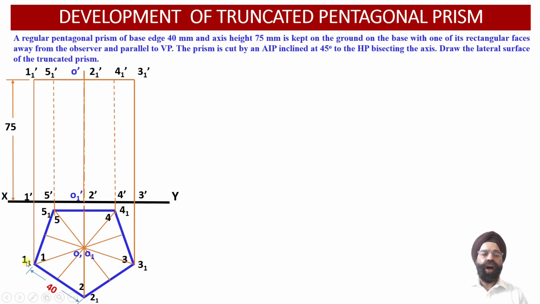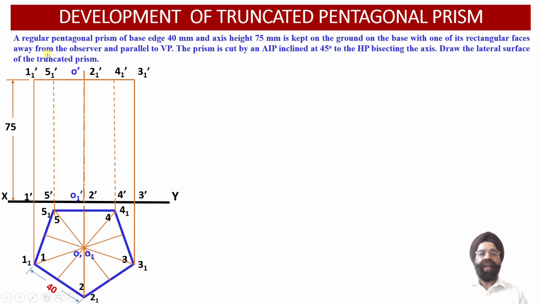Once we draw perpendicular projectors from the 5 points of the top face, that is 1 1, 2 1, 3 1, 4 1 and 5 1, into the elevation projection view, we observe that at a height of 75 millimeter above the XY reference line, we have obtained elevation projections corresponding to these 5 points of the top face.